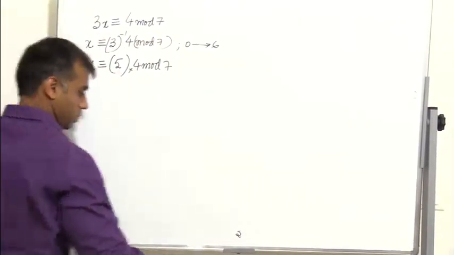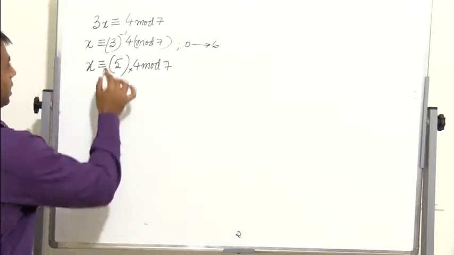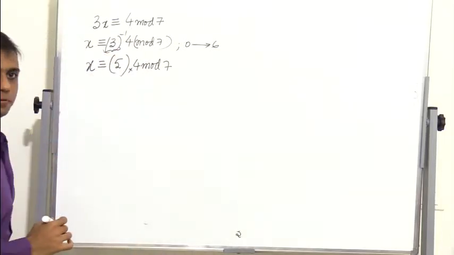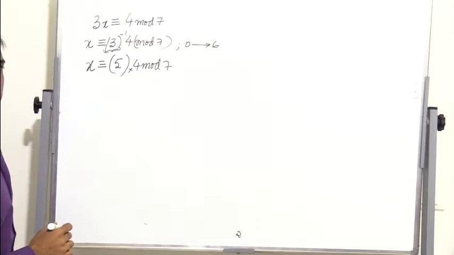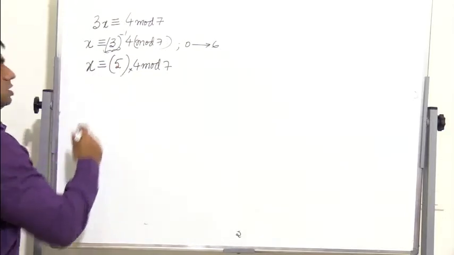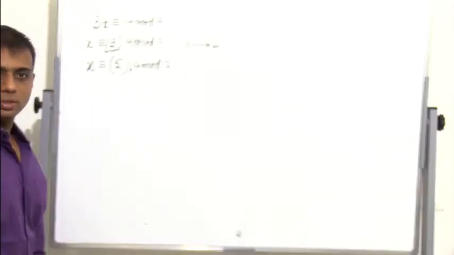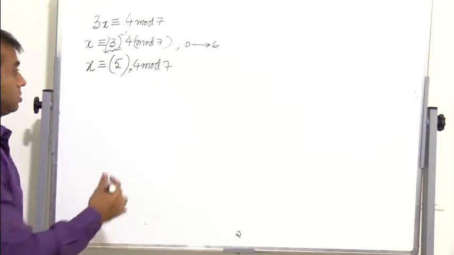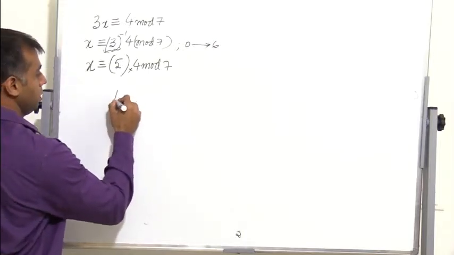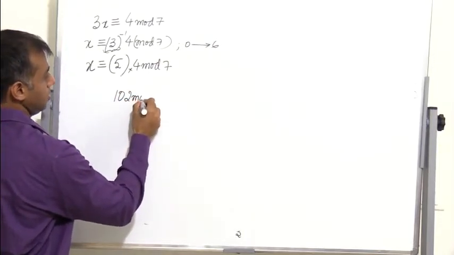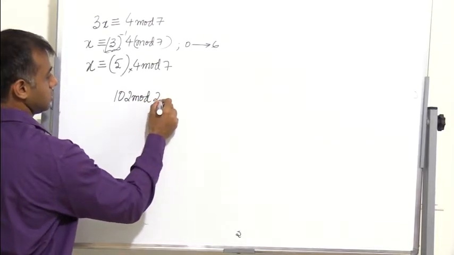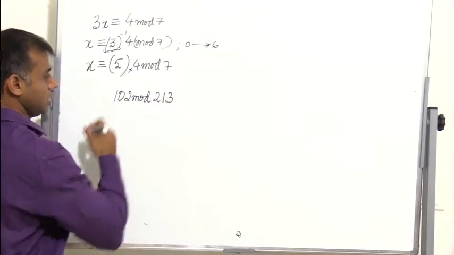Now in this problem, we had to find the inverse of the number 3 in mod 7. Since it was a very small number, we could find the inverse by inspection. Now suppose I need to find the inverse of 102 in mod 213, for example.